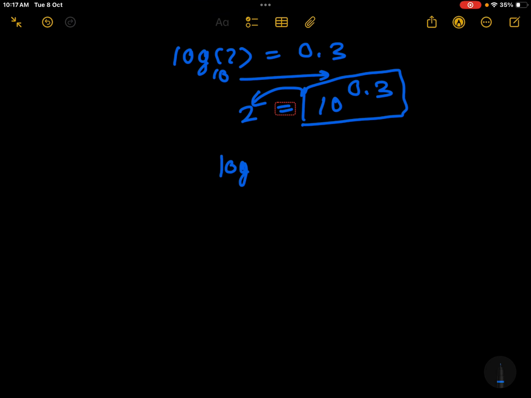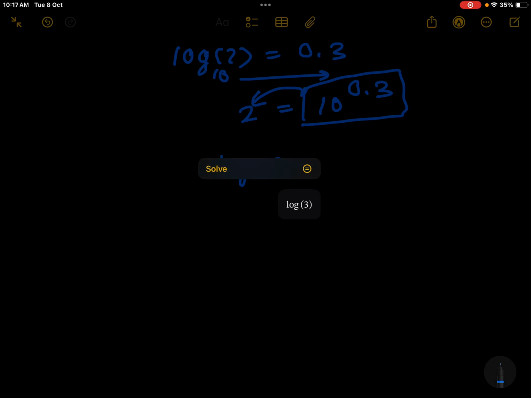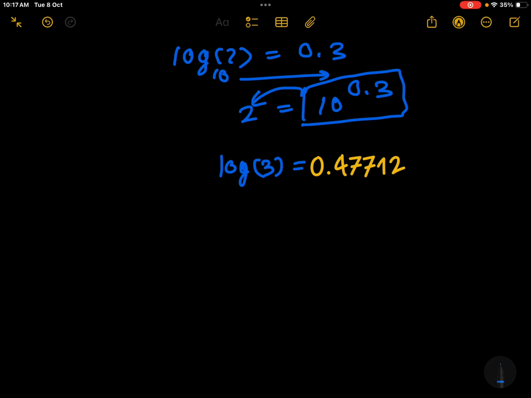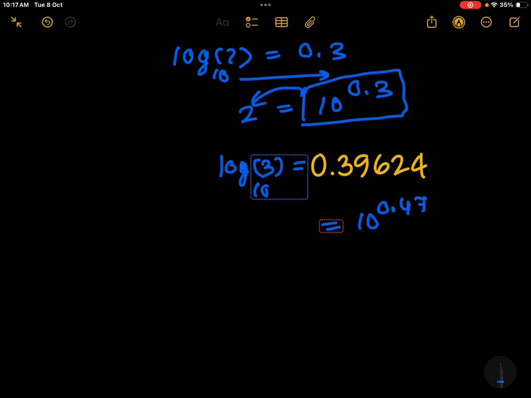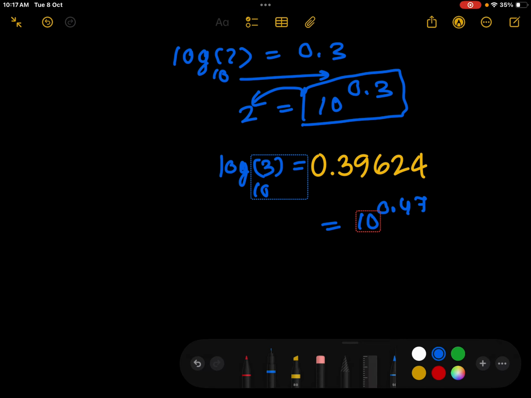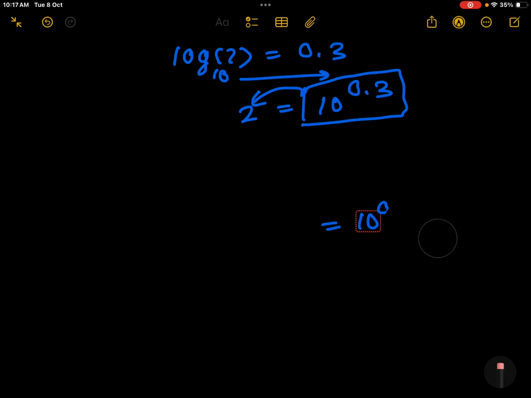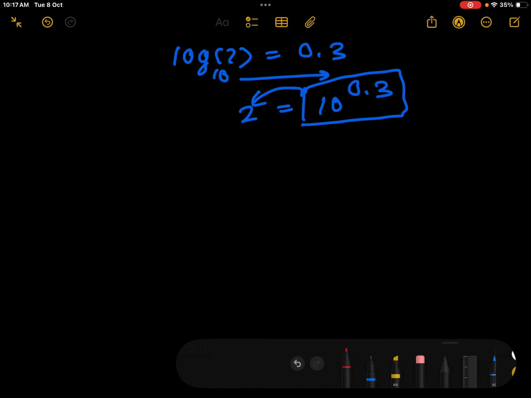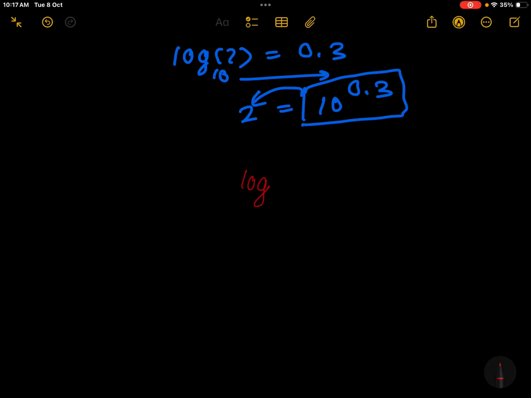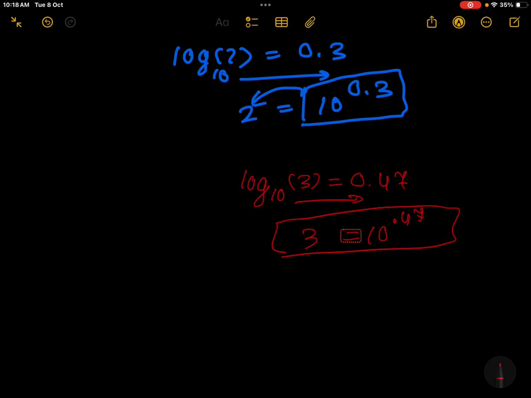Similarly, if we are having log 3, it is 0.47, this is base 10. So shift it here, 10 power 0.47 can be written as 3.